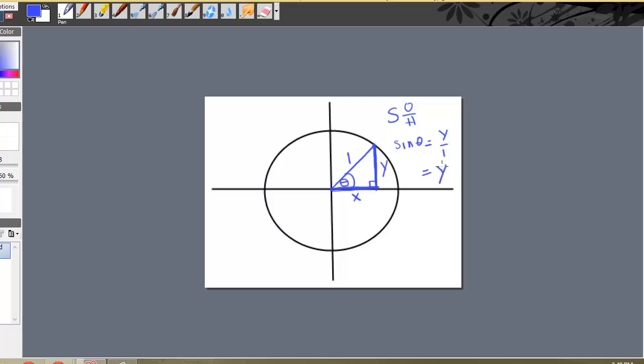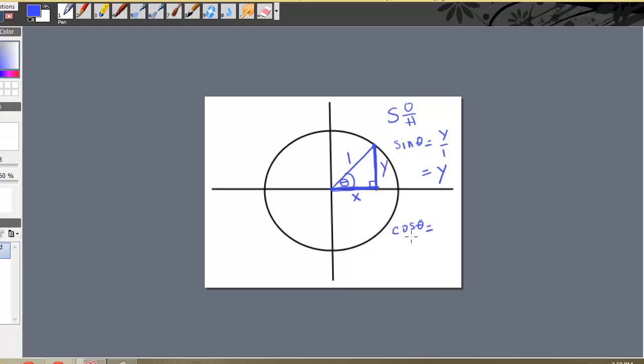I just wanted to show you this very simple example because basically now you know that by making a radius of 1 on this unit circle, that's why it's called a unit circle, because the unit is 1. And we have a very simple way of showing that the sine of theta is equal to y in the unit circle. And the cosine of theta is equal to adjacent over hypotenuse.